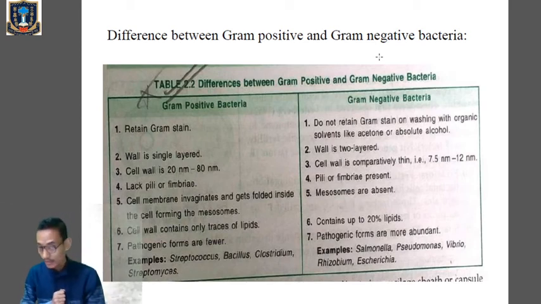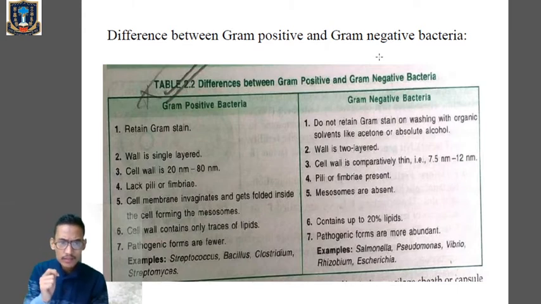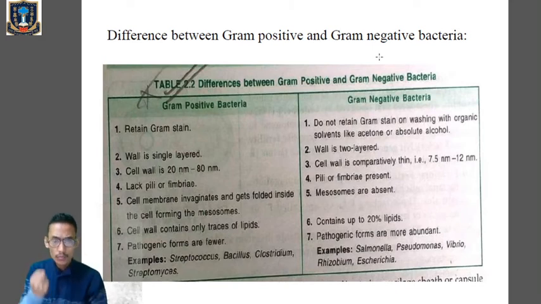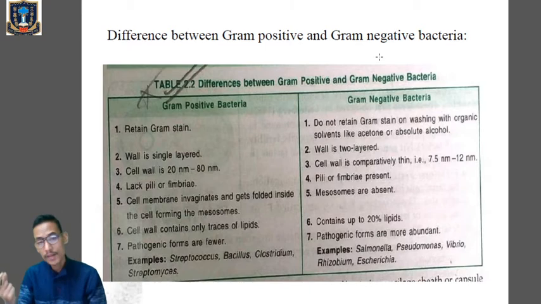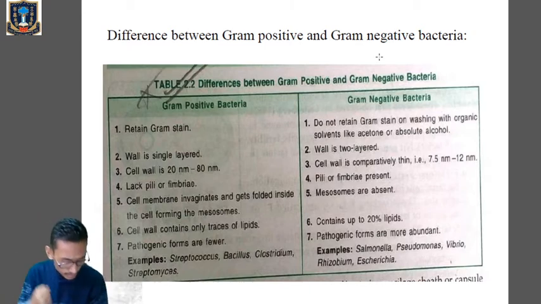Clear? He found that some of the bacteria turned deep violet or purple, but some bacteria did not retain the stain. The bacteria that were able to retain and absorb the stain turned deep violet or purple, whereas some were not able to retain the stain.